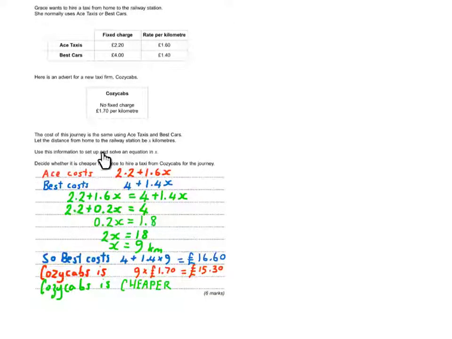So we've done everything they've asked us to do. We've set up and solved an equation for x being the number of kilometres, and we've decided whether it's cheaper for Grace to hire a taxi from Cosy Cabs. We've decided that it is cheaper because it's only £15.30 compared to £16.60.